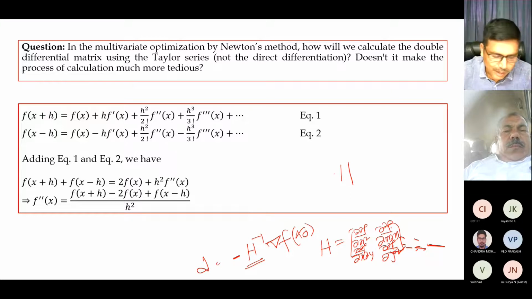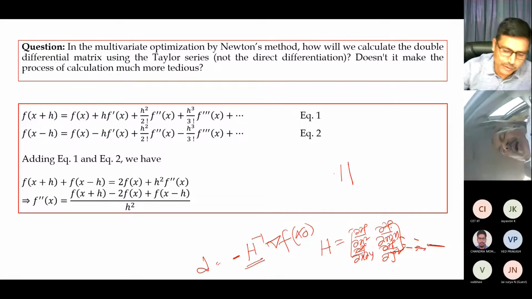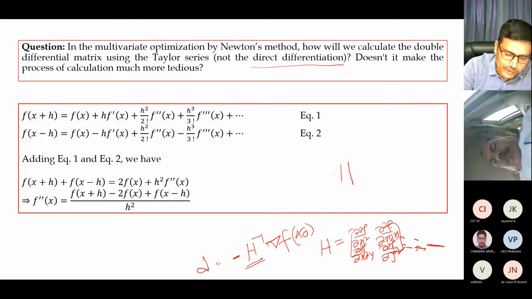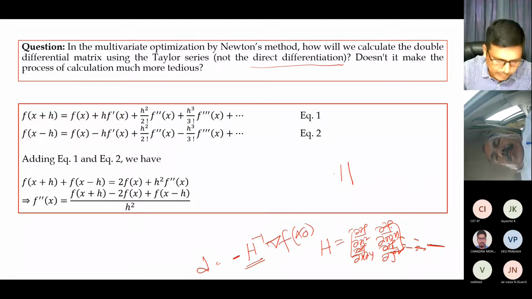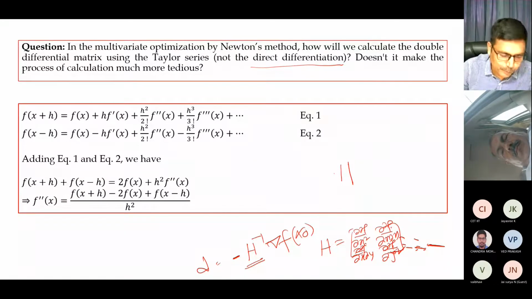So the question is how you can find this Hessian matrix using numerical differentiation. So we call it numerical differentiation, not direct differentiation. We'll try to calculate this Hessian matrix using numerical differentiation. Here I would like to explain this thing, which I have not discussed.